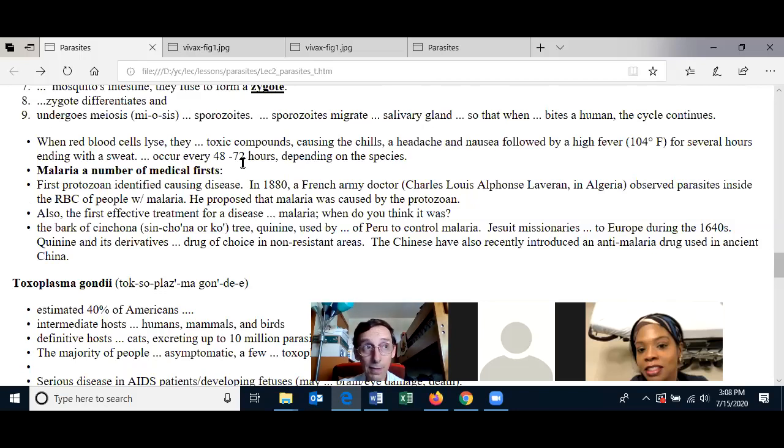So that would be dusk and dawn. When the mosquitoes are most active is when the patient has the parasite lysing their blood. And why does the parasite do that? Why does the parasite lyse the blood when the mosquitoes are most active?